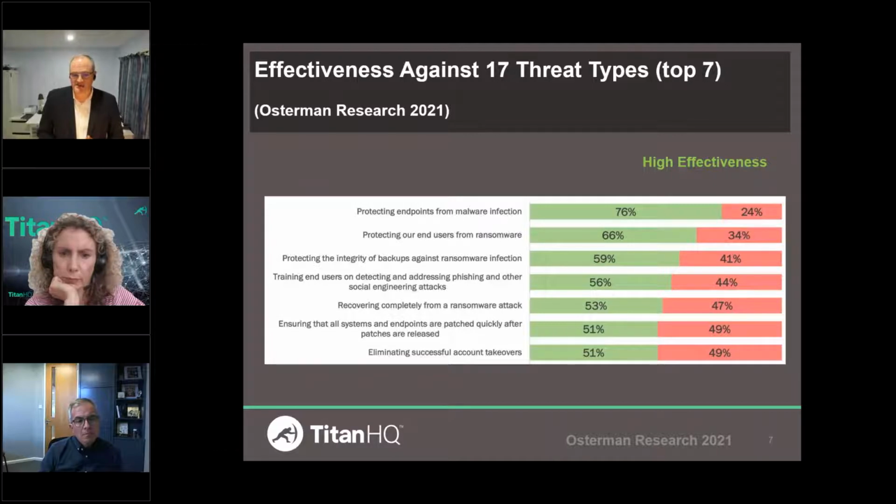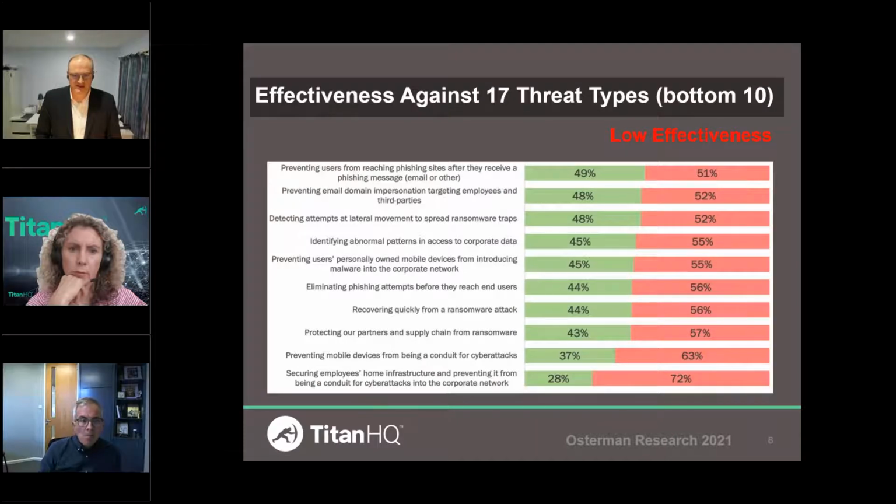Protecting end users from ransomware, 66% said they were highly effective, 34% said they were less so. We've got some other issues here like protecting the integrity of backups against ransomware infection, training end users on detecting and addressing phishing and other social engineering attacks, and so on in this list here.